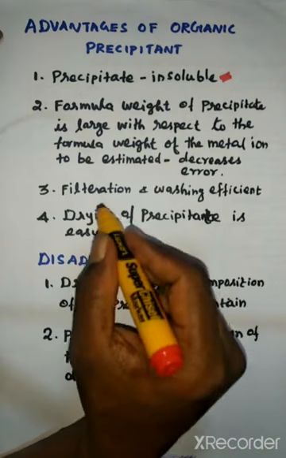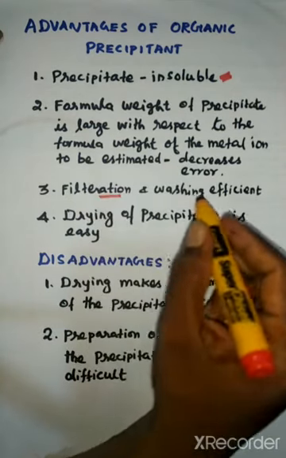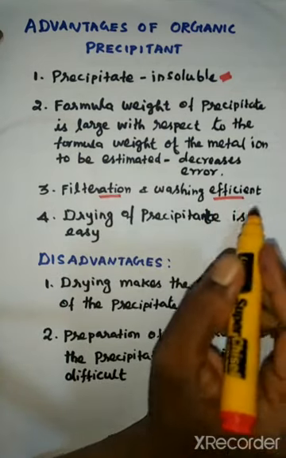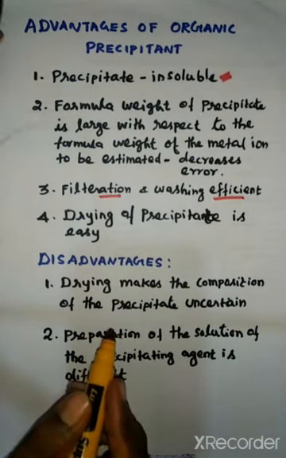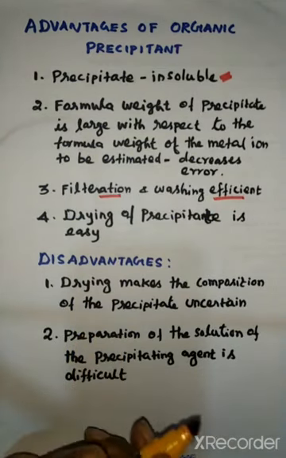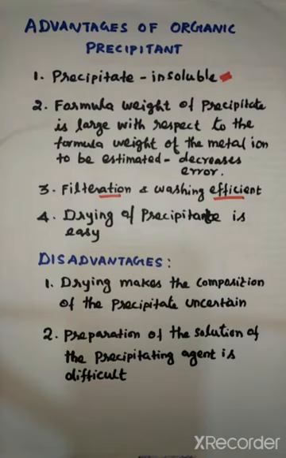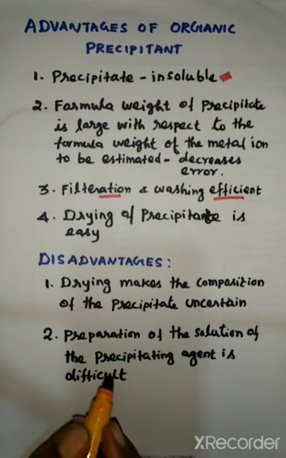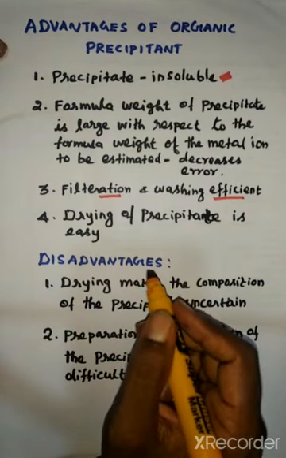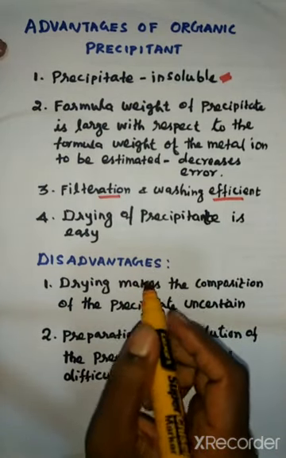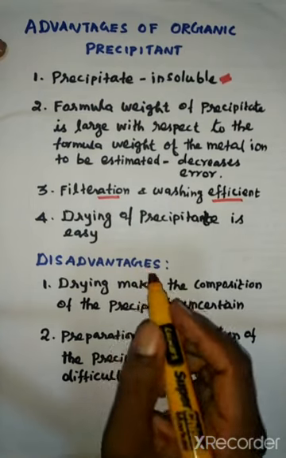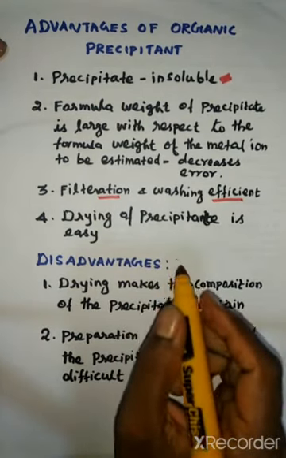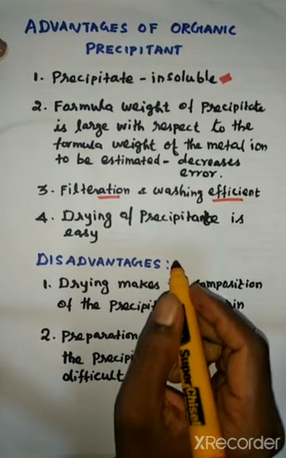We can easily filter it and also wash the precipitate easily. And also, if the precipitate has larger particles, drying of the precipitate is easy, as organic compounds have least tendency to retain water in them.